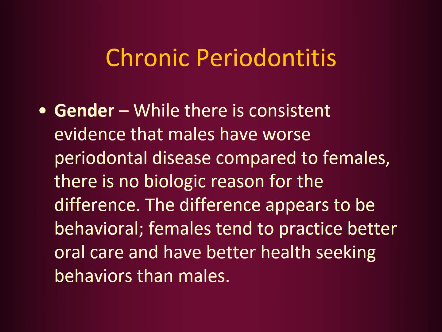So again, while there is consistent evidence pointing towards males doing worse than women, the difference appears to be more behavioral, meaning that females tend to have better hygiene, they tend to also practice better health-seeking behaviors, and therefore tend to do better than men. We don't believe that there is any other reason why there's a difference in genders, because, given the same level of plaque, people do equally poorly or equally well, regardless of gender.